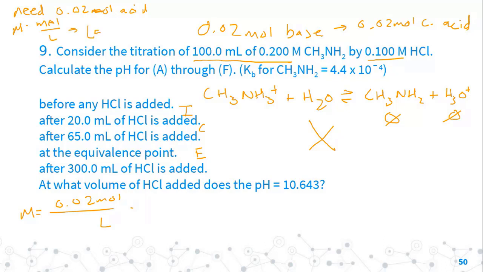So we can say liters equals moles over molarity. We're going to put 0.02 over 0.100. That will give us 0.200 liters of HCl added. So that's 200 milliliters, and then we have our 100 milliliters here. So we have 300 milliliters in total.